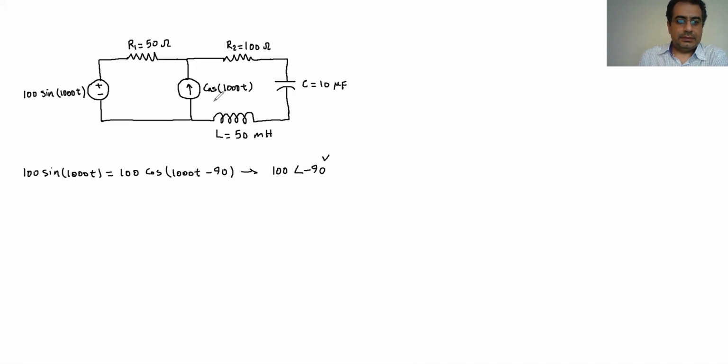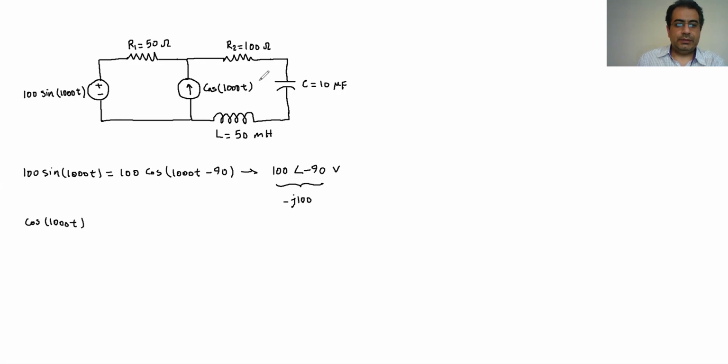The next one is this one that we have, and so it's in the volt. And again, this one you can convert into rectangular if you want, because then negative 90, so it's going to be negative j100. The other one is the cosine 1000t.